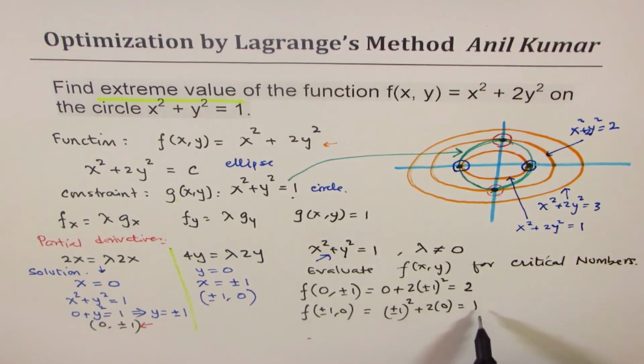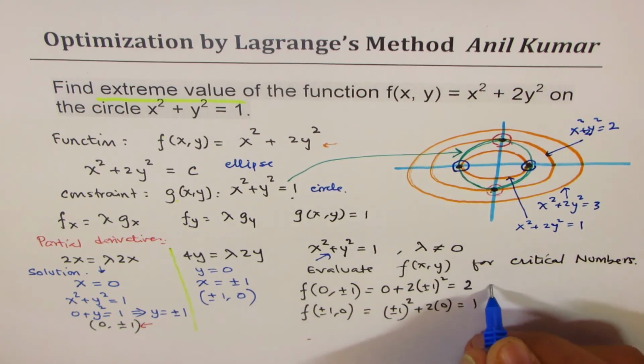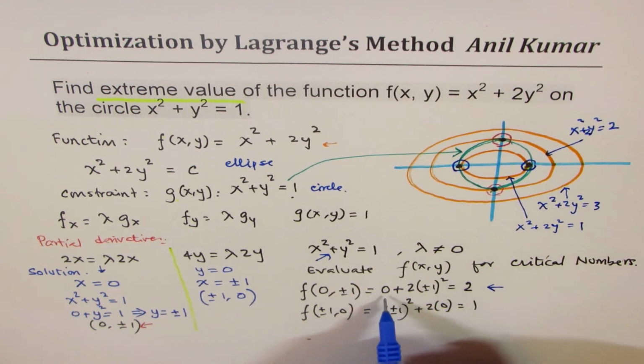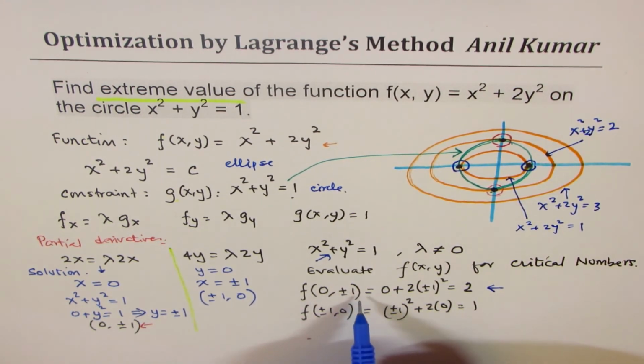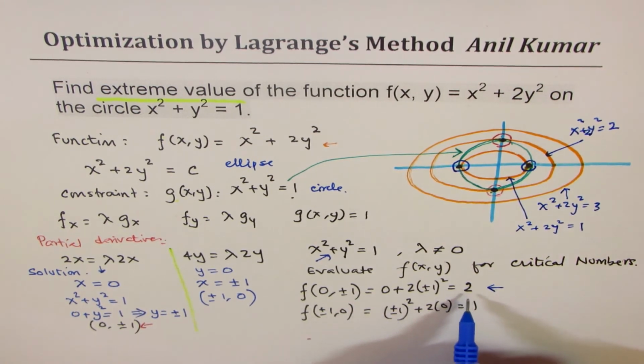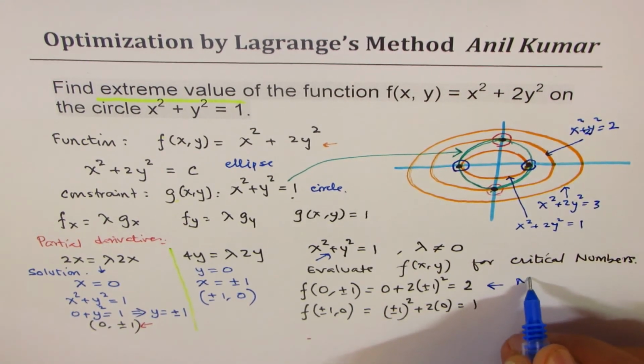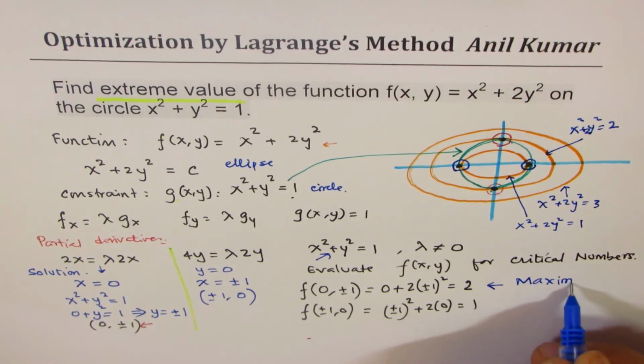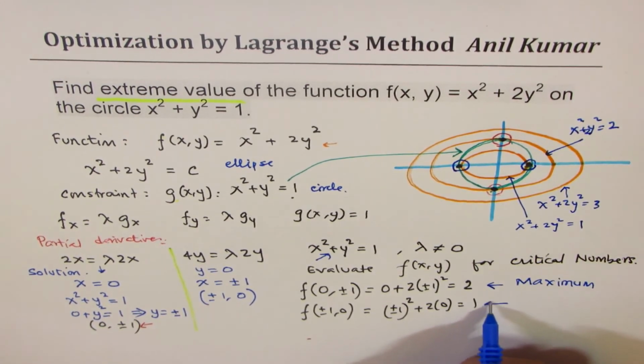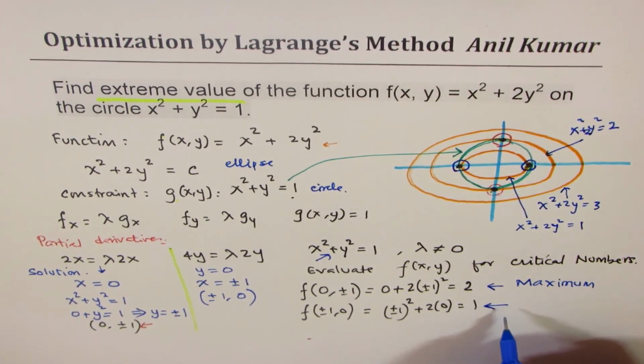Correct? So from here, we know that the maximum occurs at the point 0 plus minus 1, where the result is 2. So this gives you the maximum value. And that gives you a lower value, the minimum value. Do you see that?